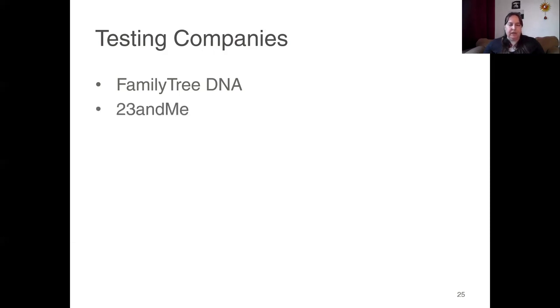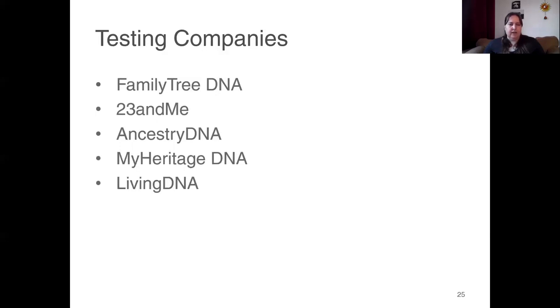There's 23andMe, which also offers a health feature, or you can get health data from 23andMe. There's Ancestry DNA, MyHeritage DNA, and Living DNA. And all 3 of those companies primarily offer autosomal DNA testing. 23andMe and Living DNA will also provide a haplogroup.